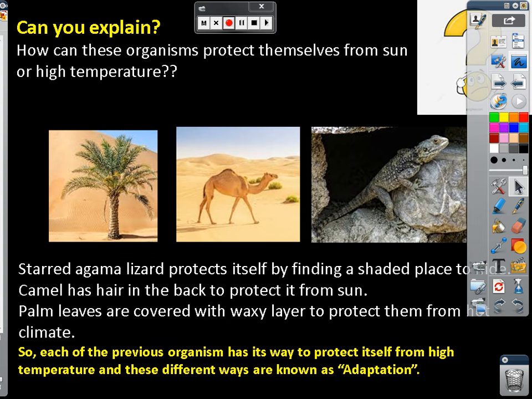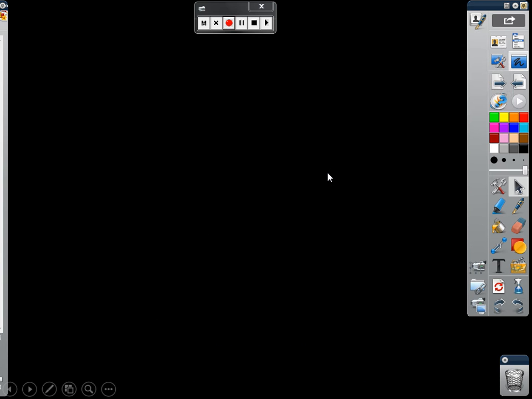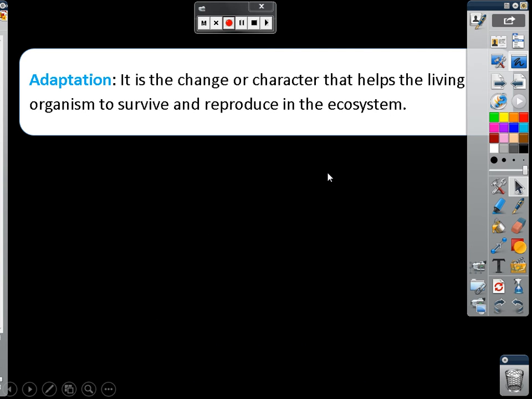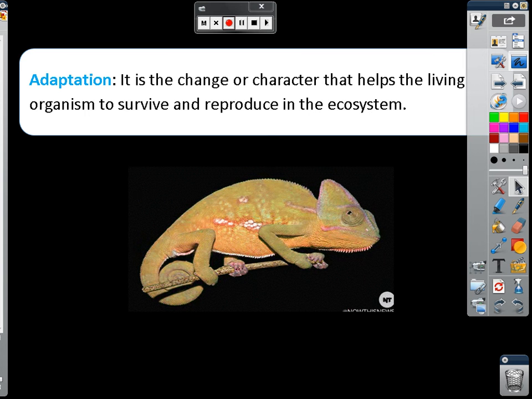So each organism has its own way to protect itself from high temperature or low temperature, and these different ways are known as adaptation. Adaptation is the change or characteristic that helps living organisms to survive, live and reproduce in the ecosystem or in the environment.